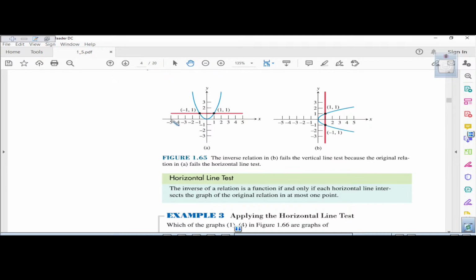If you're touching whatever graph you have more than once, then you know for sure the inverse of what you started with is not a function.